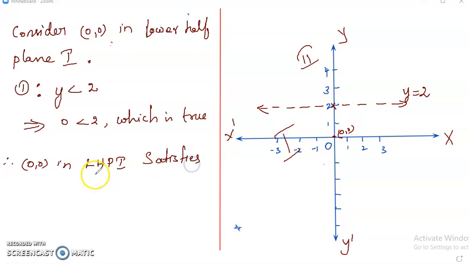You have to write it fully, okay? Therefore, shade lower half plane 1.